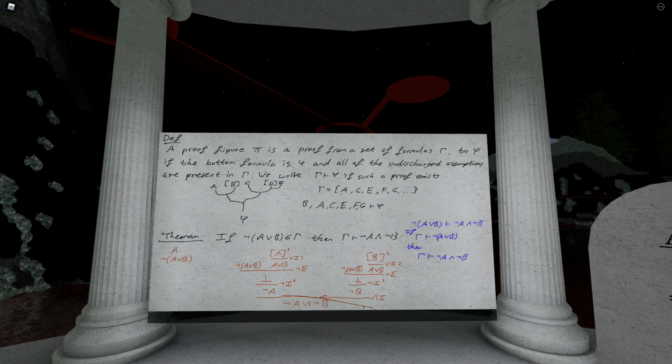What I would need to do is, above these assumptions of not A or B, extract whatever proof I have of not A or B from gamma, and then essentially paste it in there, in all the positions that I've used that premise of not A or B. And so that's treating this theorem as a sort of claim about how you can paste proofs together and continue the deduction all the way to not A and not B.